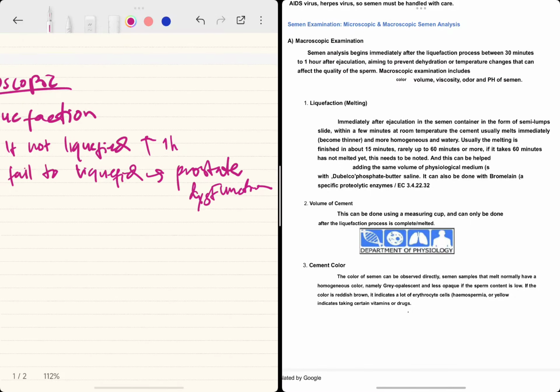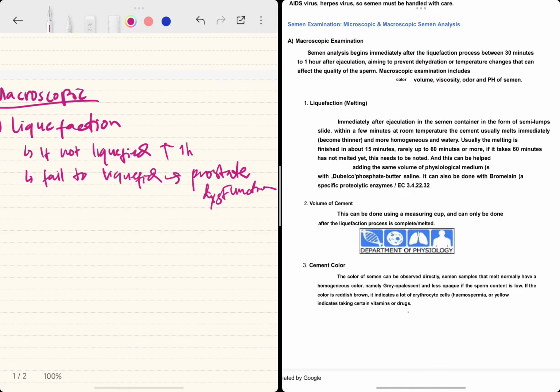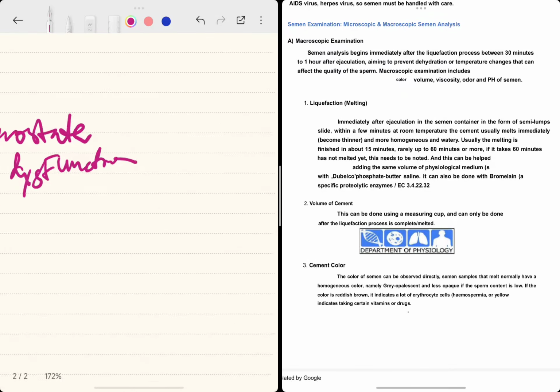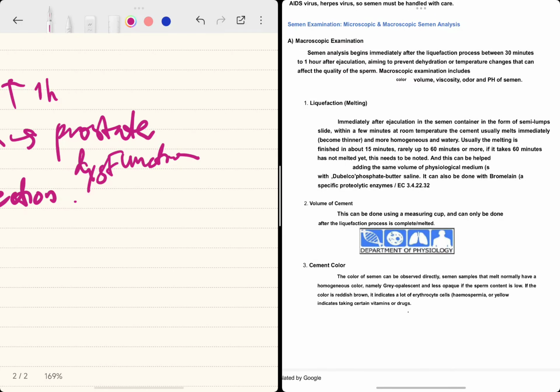but if it liquefies too fast, it could be that there's some infection, because infection will release leukocyte protease.